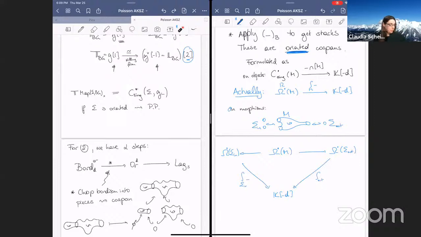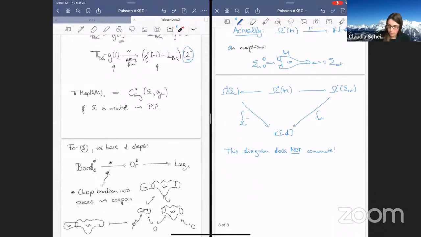Okay. But the problem is that this diagram won't be a commuting diagram. This is an easy calculation you can do.